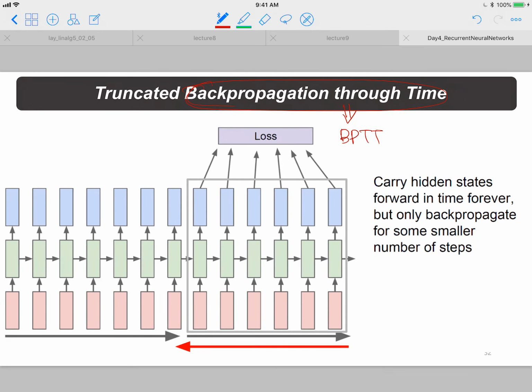Okay, and in order to avoid this geometric sequence exploding, we truncate our entire sequence. If our sequence is too long, we just chop it off into multiple pieces, and we use each piece as one single data instance or one single sequence, right?